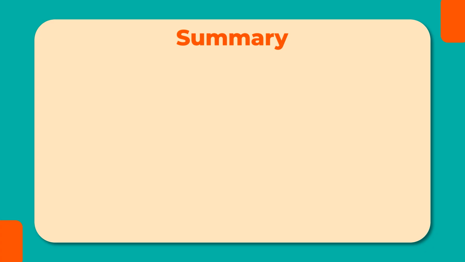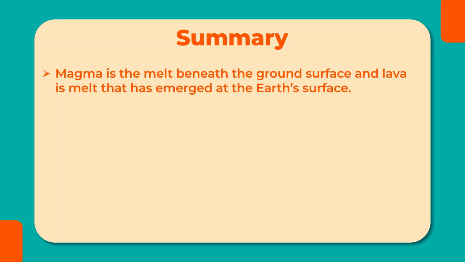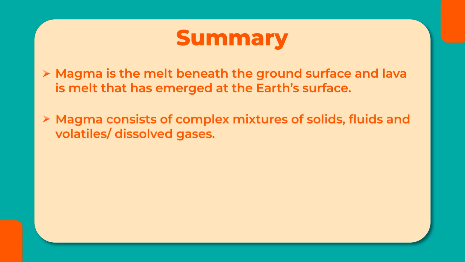Now learners, let us summarize what we have discussed in this video. Magma is the melt beneath the surface of the earth, and lava is the melt that emerges on the surface of the earth. Magma consists of complex mixtures of solids, fluids, volatiles, and dissolved gases.